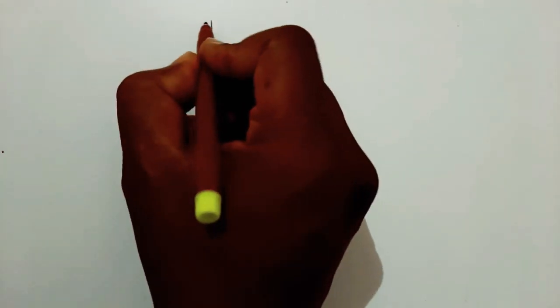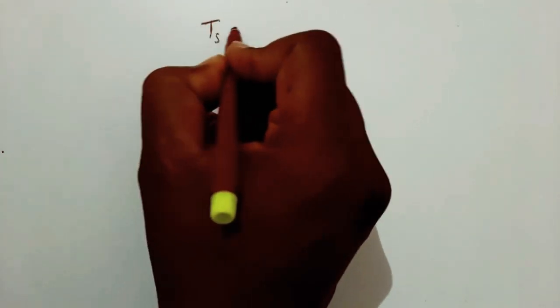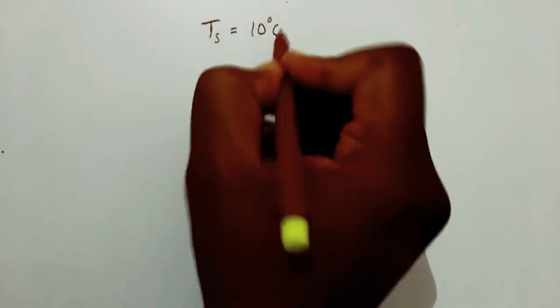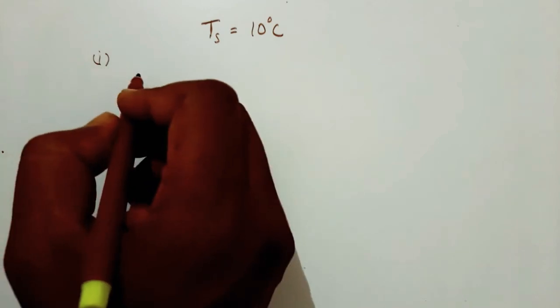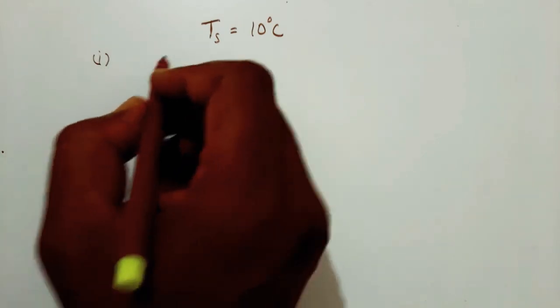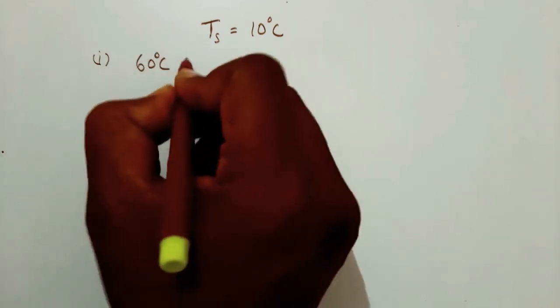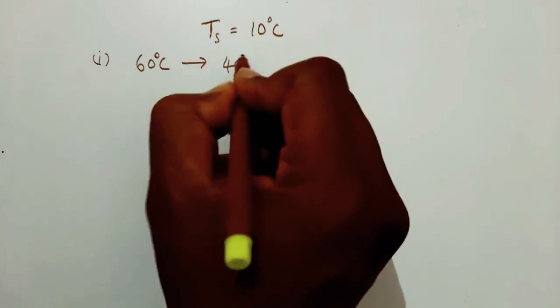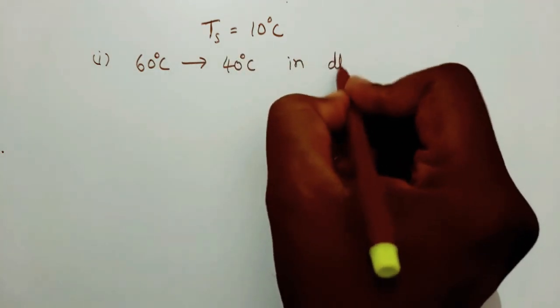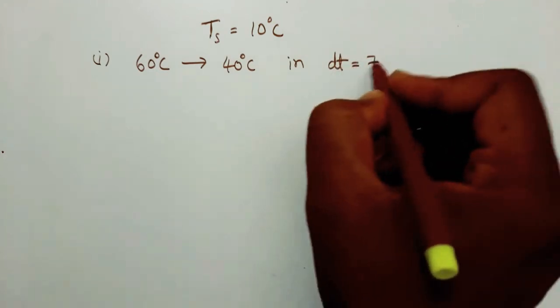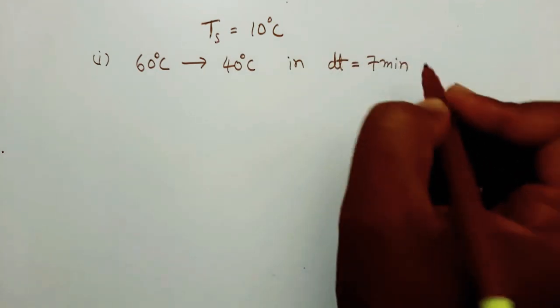In this problem, the temperature of the surroundings is given, that is Ts is equal to 10 degrees Celsius. Here, first, a body cooled from 60 degrees Celsius to 40 degrees Celsius in 7 minutes. So the time interval dt is equal to 7 minutes.